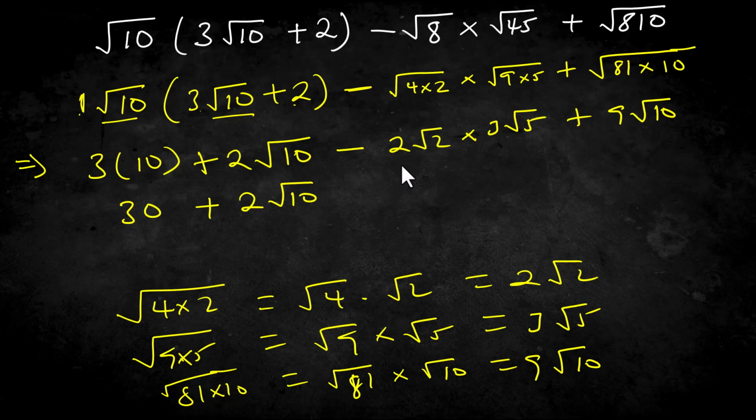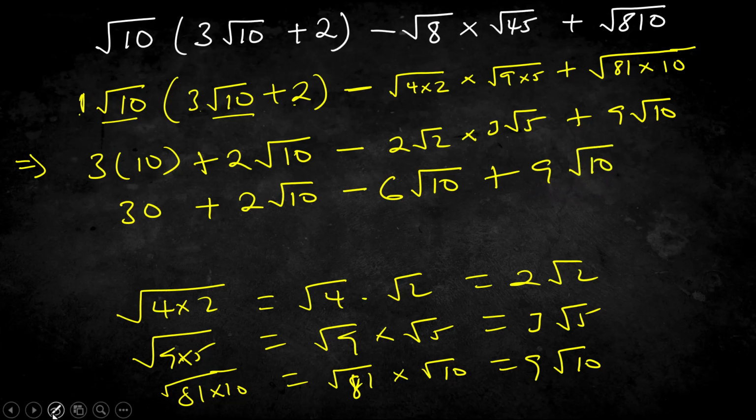All right, so this time what still remains is minus 6 root 10 plus 9 root 10 (after multiplying through). Okay, so we have root 10 common here, so we can put them together.